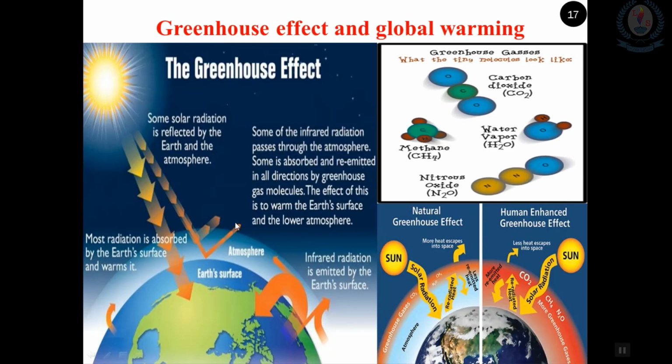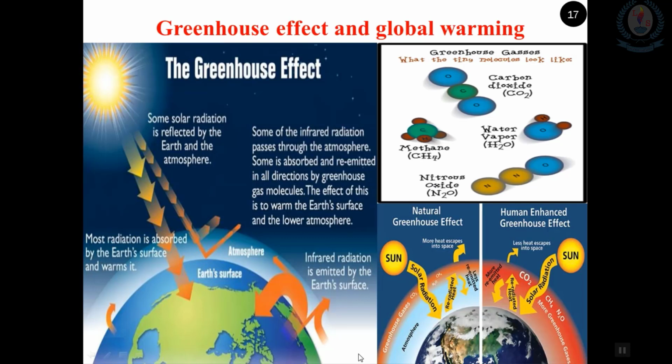The energy of the radiation is absorbed when it reaches the surface of the earth. The surface of the earth now radiates the energy as long wavelength radiation. That radiation is infrared radiation.